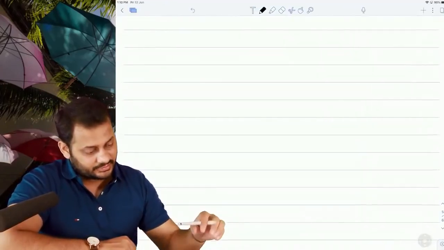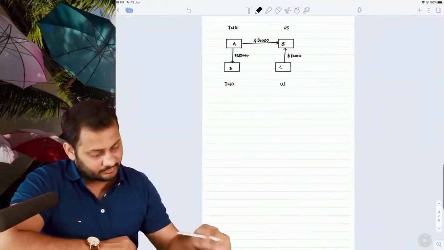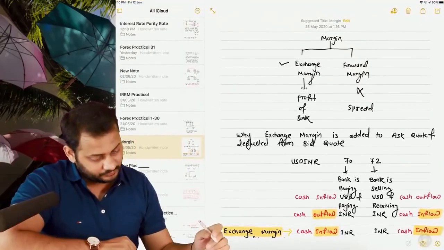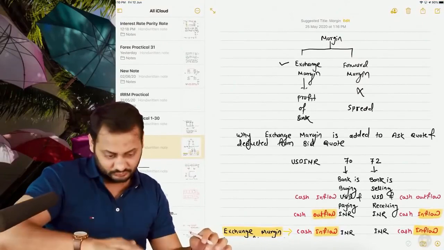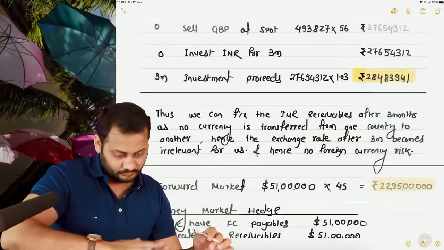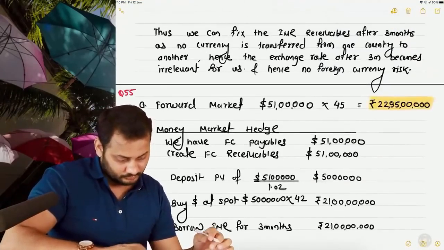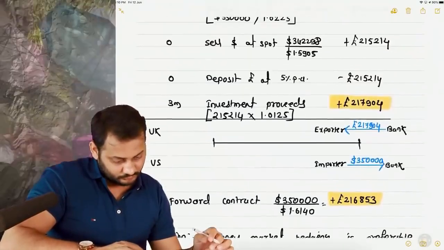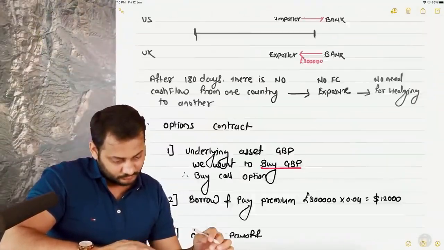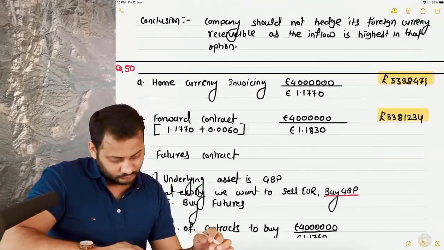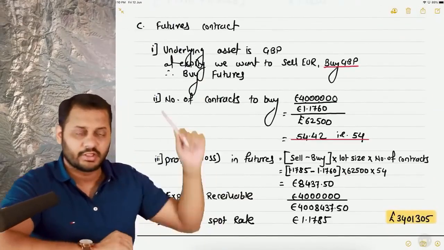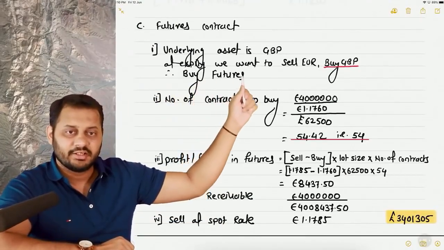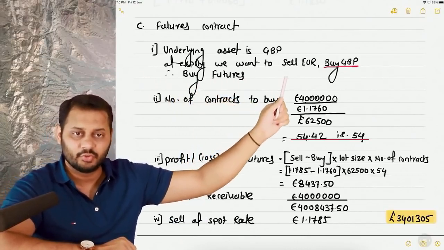Understood? Let's take one example that we took in one of the questions, I think. In the futures contract question, we said that underlying asset is GBP and we want to sell euro by GBP.